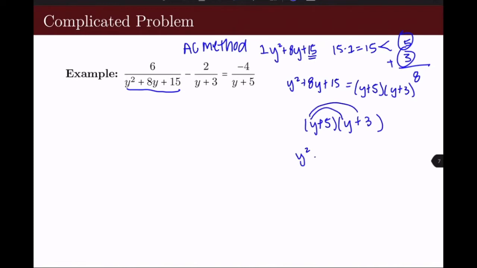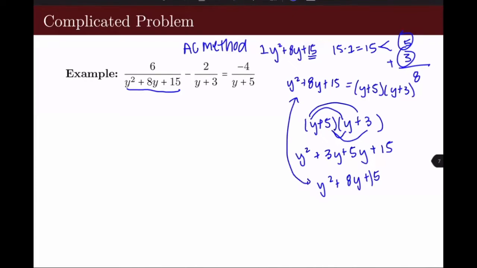Y times 3 is equal to 3y. Y times 5 is equal to 5y. And 5 times 3 is equal to 15. This gives us y squared plus 8y plus 15, which is what we wanted. That was our goal, to get back to this.